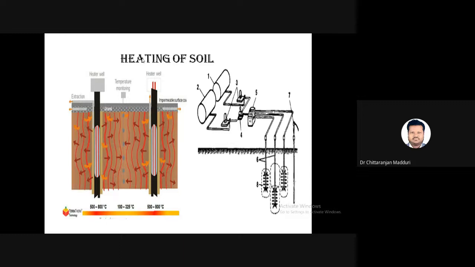Here, heating of soil using heater coils: the borehole is made up to the required depth, and at the bottom of the boreholes, heater coils are placed. Through these heater coils, the surrounding soil is heated so that the swelling nature will be reduced.